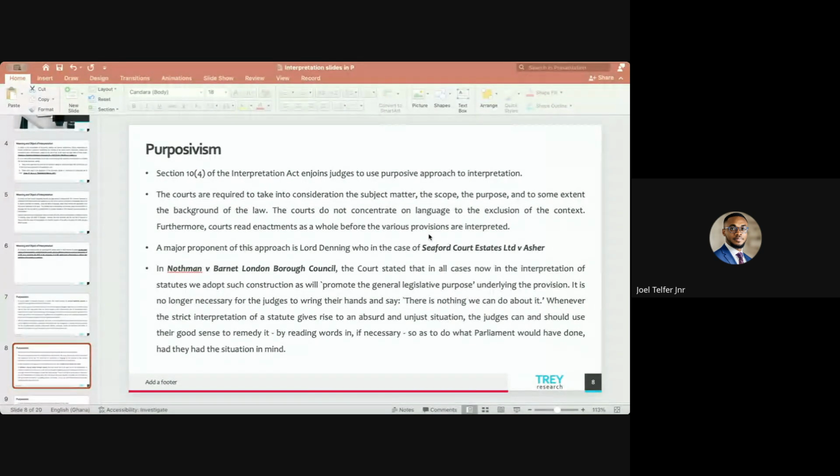Is there any confusion? Is there anything I need to clarify? Can we move on? We're going to build on purposivism to go into the modern purposive approach. So if there's any misunderstanding on purposivism, this will be the best time to clarify.